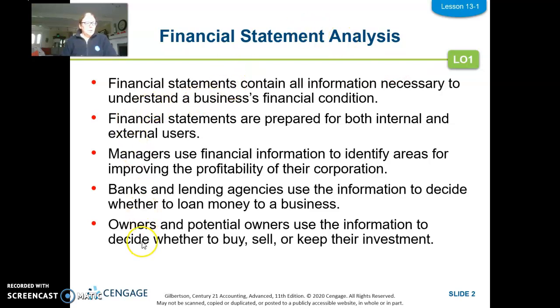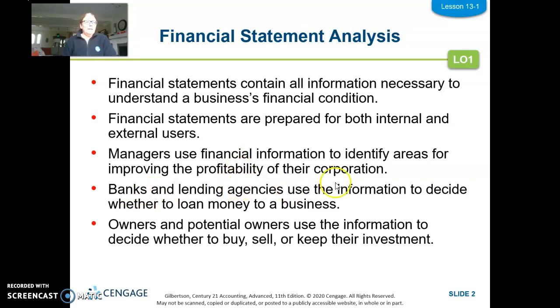These next 4 bullets really are talking about users of financial statements, and they can be people inside the business like managers and owners, or they can be people external to the business such as banks, lending agencies, or other potential owners that haven't become owners yet. And managers are going to use these financial statements to improve profitability of the corporation, running it day to day and figuring things out.